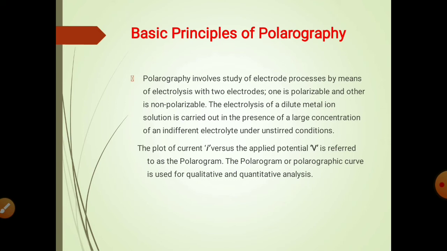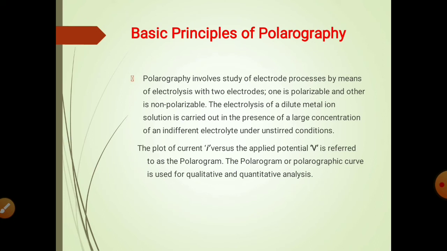Now let's try to understand by taking one example. Let's consider in polarography, the electrolysis of a dilute metal ion solution is carried out between a DME, that is a dropping mercury electrode, and a pool of mercury.